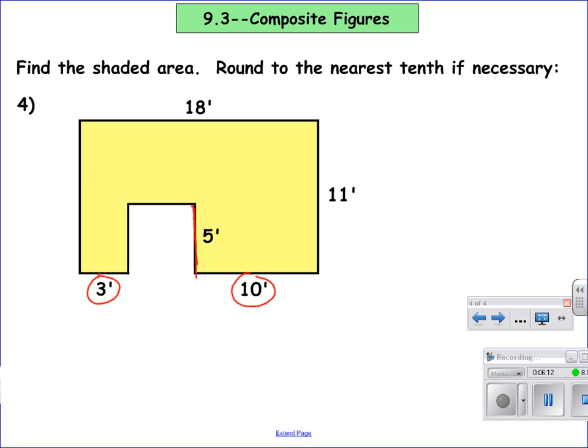And I know the top is 18, so this missing side, I'll put dotted in here. That must be 5. So in fact, it is a square. It looks like a square, but it is a square. We've confirmed that. And so we've got 18 times 11, which is 198, minus the missing piece, the piece that got cut out, the 25, and I get a grand total of 173 square feet.